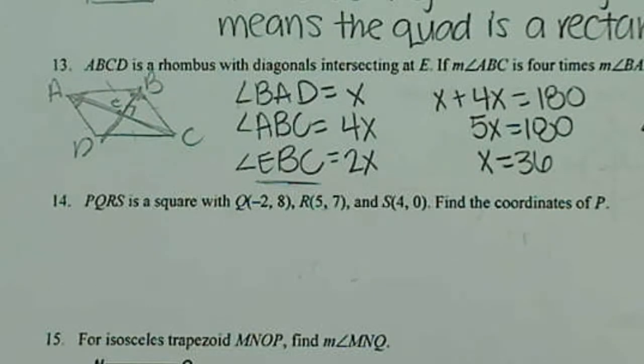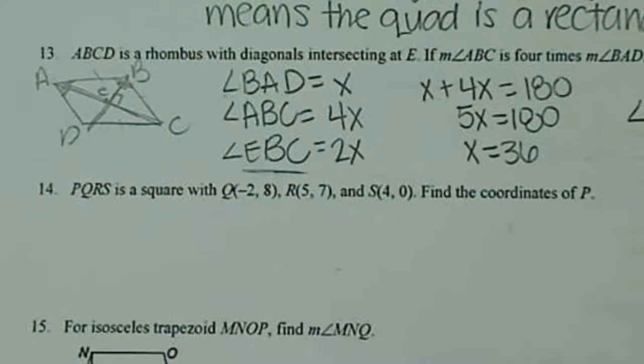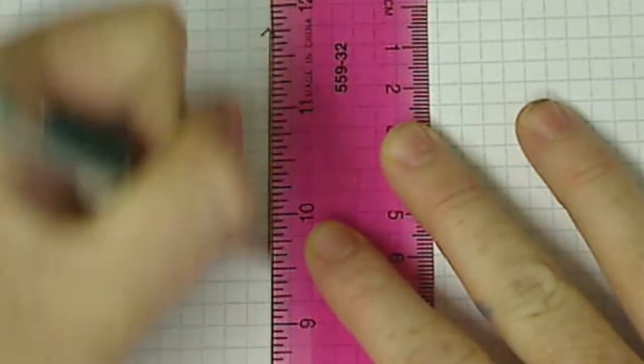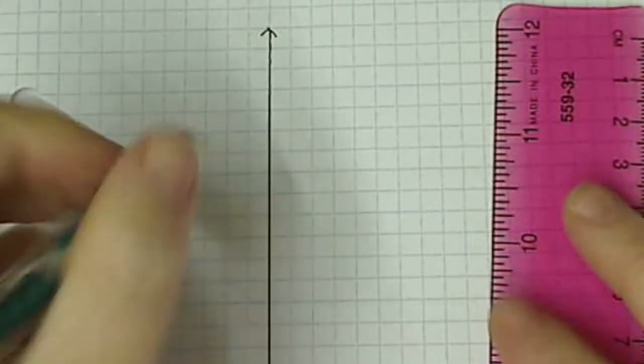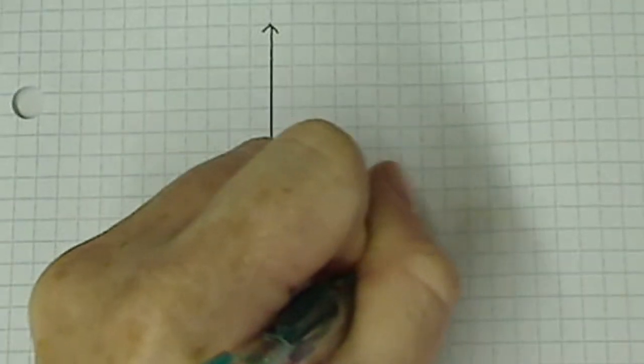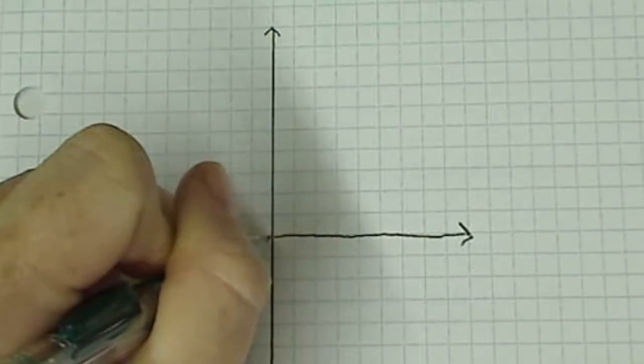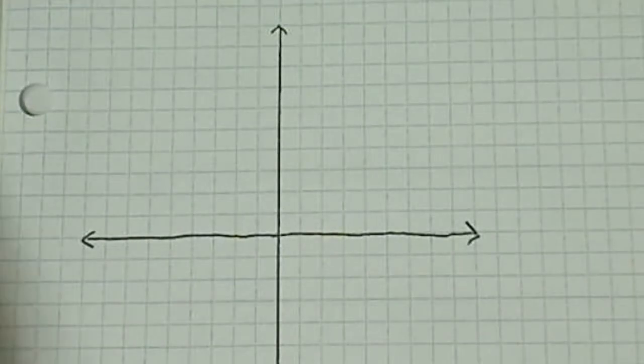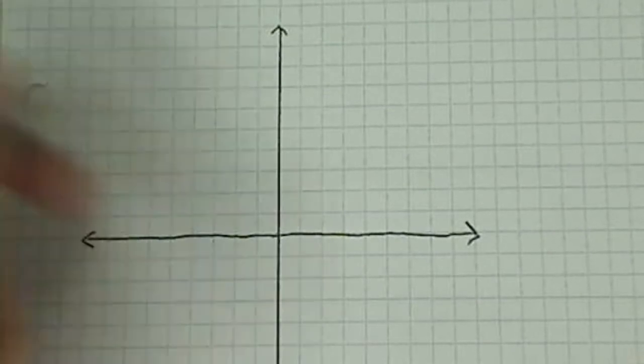Okay, number 14. You know that it is a square. So let's graph those points. I'm going to move my graph paper over here so you can see it. And we've got Q at -2, 8.